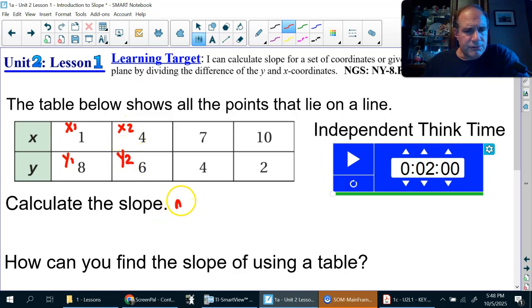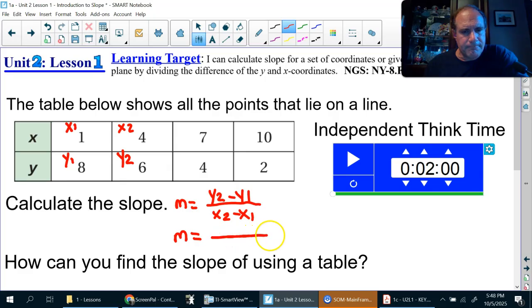So then you have your slope formula. This is y2 minus y1 over x2 minus x1. So we're going to just go ahead and put that in. Minus signs in. The y2 minus y1, be careful, 6 minus 8. And then x2 minus x1 is 4 minus 1.